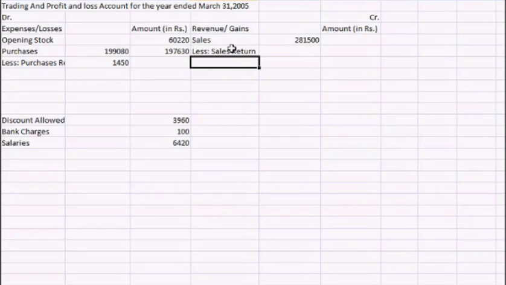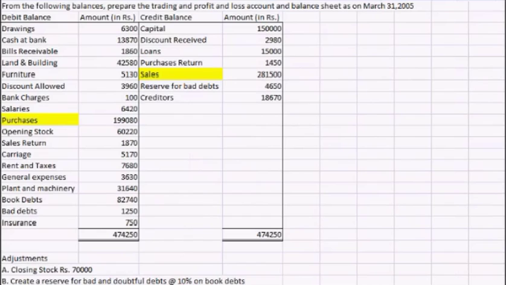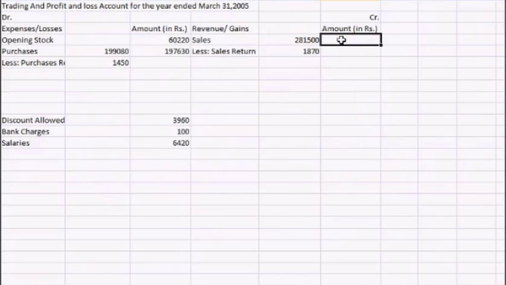You can also go for just incorporating that in debit side, sales return would be on debit side, purchases return would be on the credit side. Ultimately they'll get balanced, so there wouldn't be any problem. So we'll just take the amount of sales return from here and we'll write the balance here. So this is the balance amount.